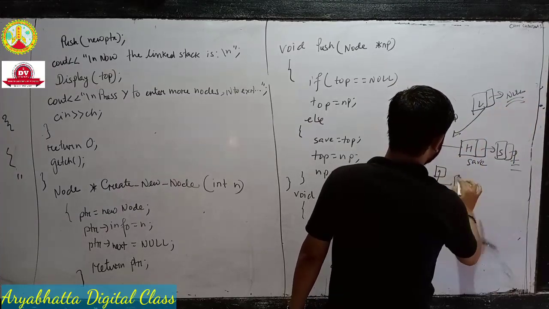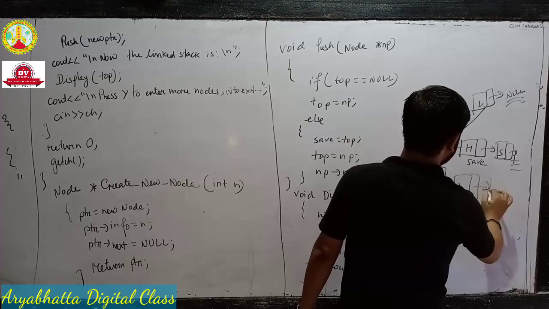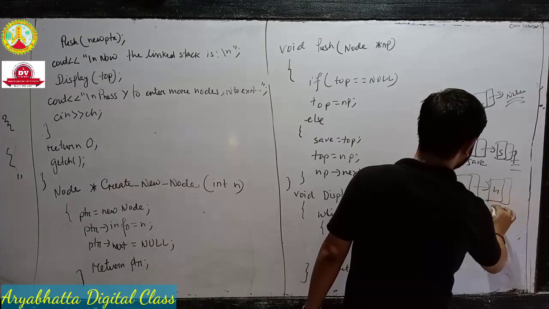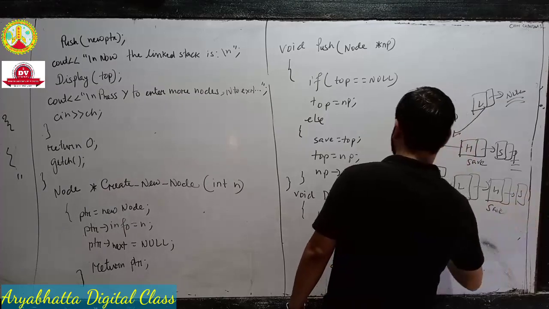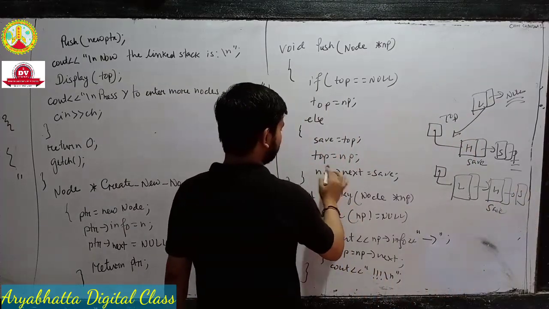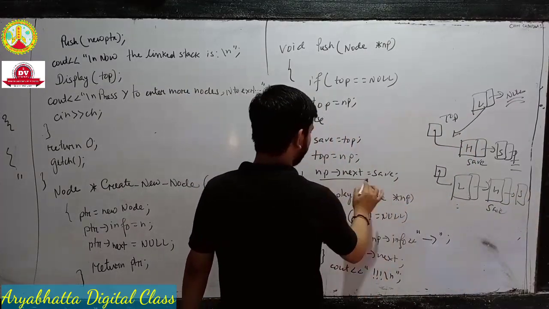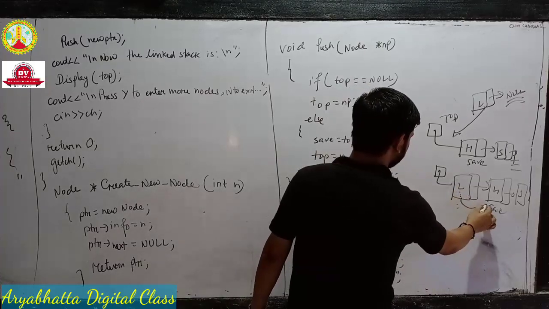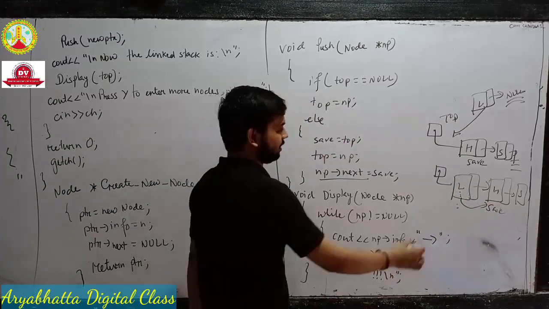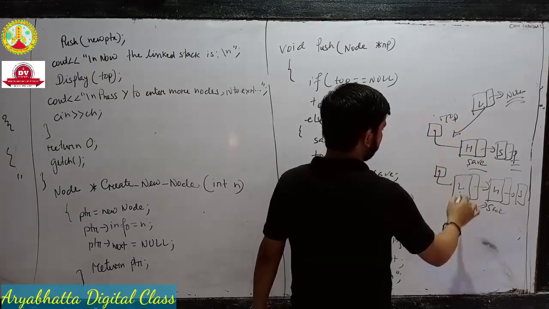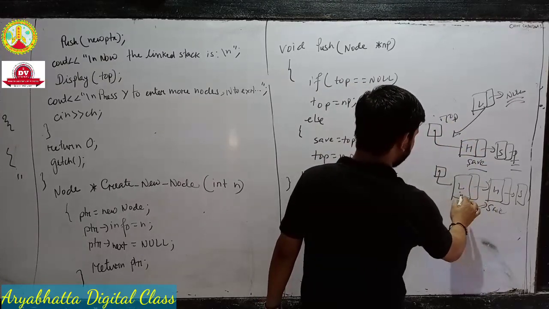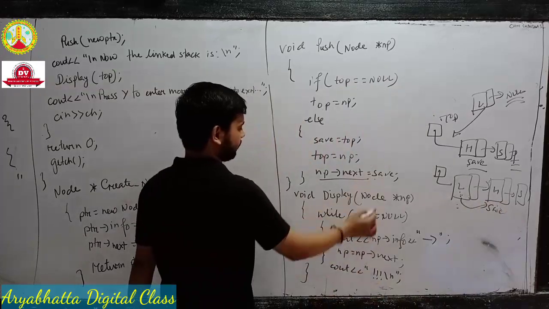Now your top will be what? L, and L will be pointing to H. This is save and this is S. Okay. Now your top is equal to np, new pointer, and this np next will be pointed to what? Save, because initially save will be H. This is save is equal to top. Now your new pointer next will be pointed to save.